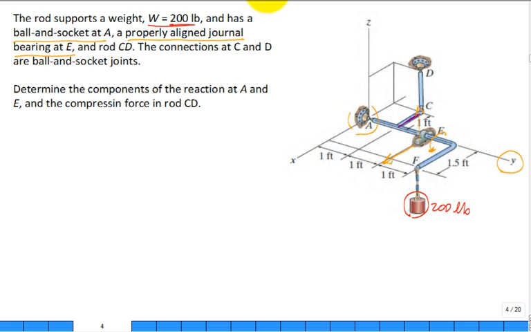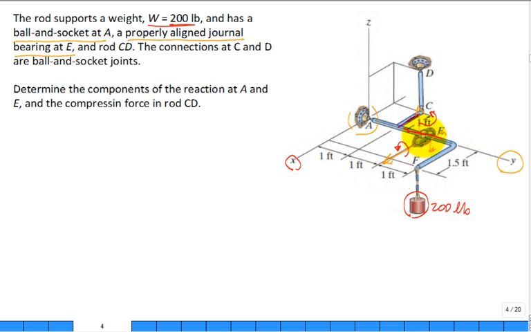But if you did not have it aligned properly, it would resist or generate the possibility of a moment that would resist the rotation of the rod that goes through it around the x-axis, as well as it could resist, if it was not properly aligned, the moment around the z-axis or in the direction of the z-axis at E, at that bearing.